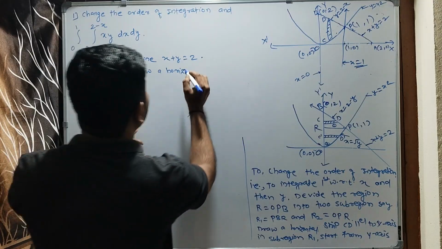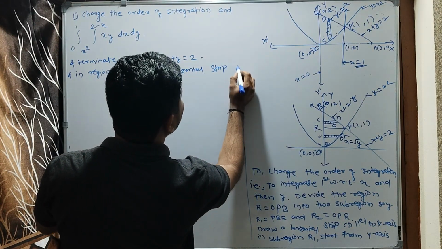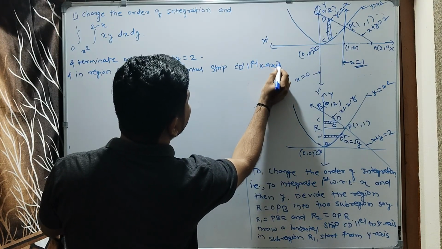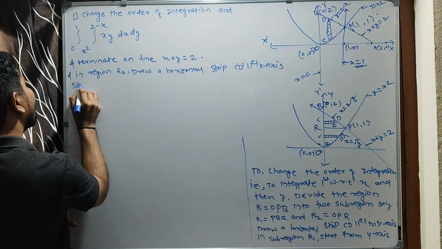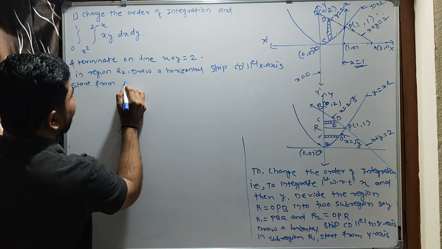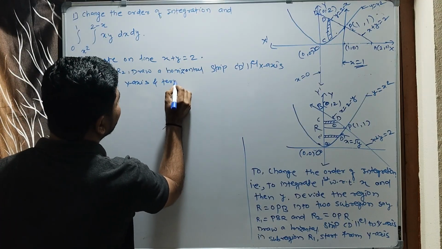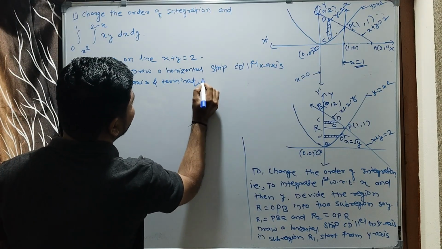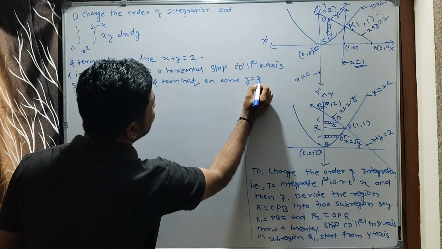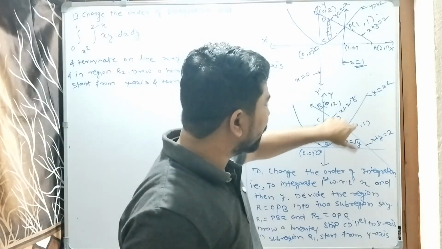Here draw a horizontal strip C'D', which is parallel to the x-axis. It starts from the y-axis and terminates on the curve y equal to x square.